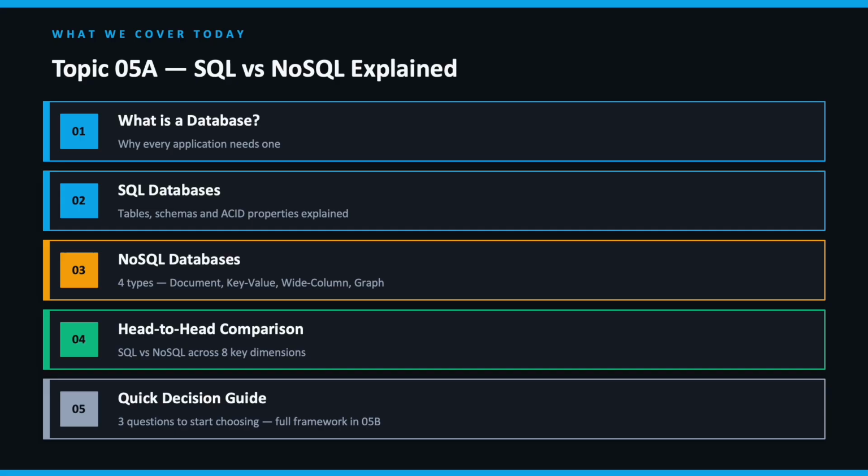Fourth, full head-to-head comparison, SQL versus NoSQL across 8 dimensions. And finally, a quick decision guide, 3 questions to start pointing you in the right direction. The full decision framework with real company examples, indexes, sharding and replication is all in topic 5 part B. This video gives you the foundation.